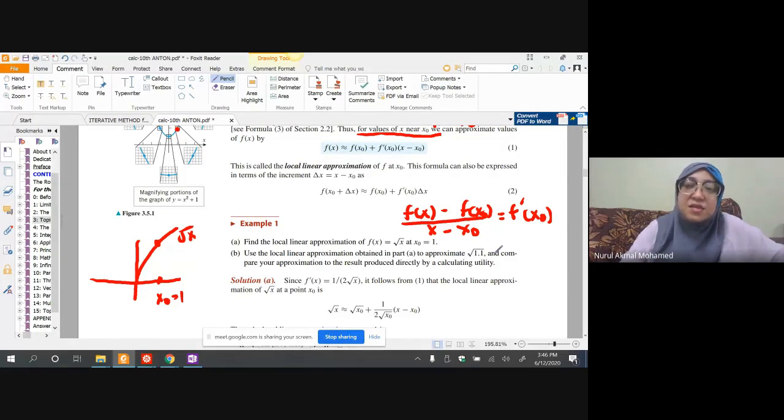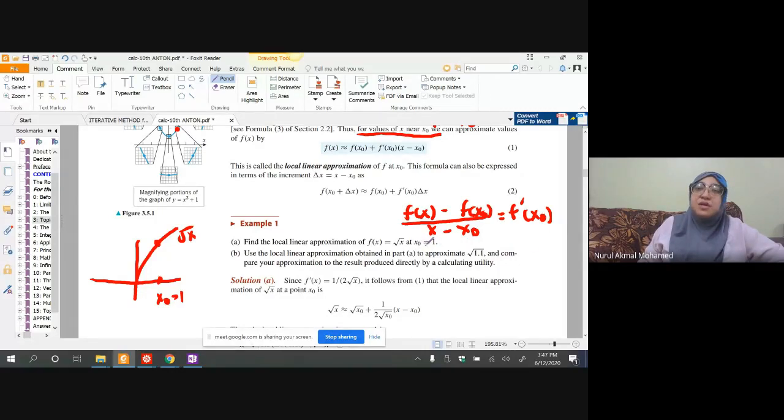If the question asks you for the approximation of square root of 5.1 and the x naught is equal to 1, then you cannot use this approximation for equation 1.